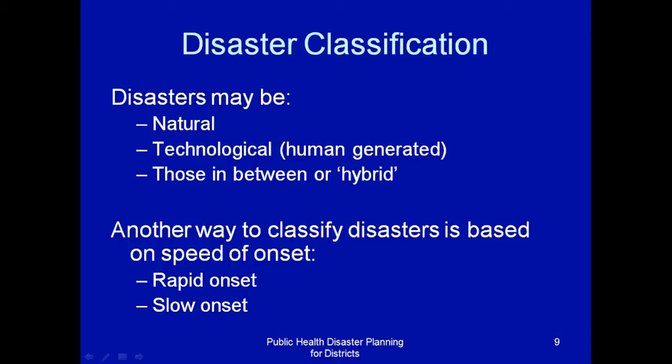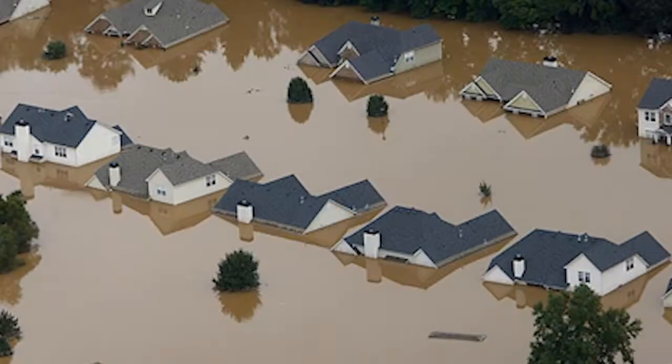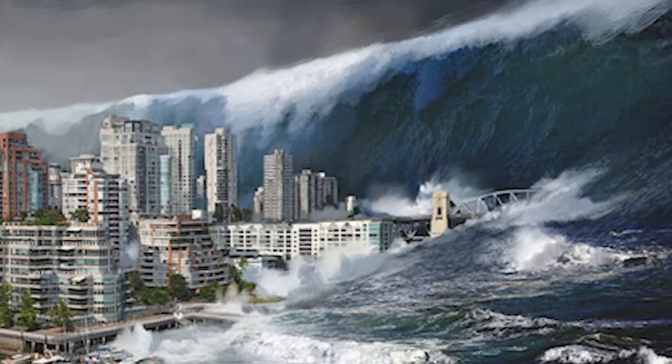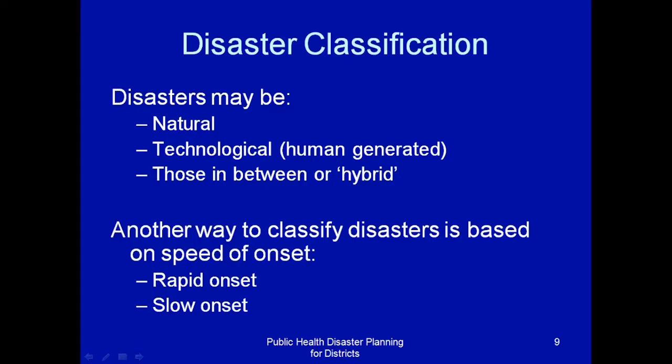Now, let's see the classification of these disasters. Some disasters are natural. Whether you like it or not, they do happen, like floods, earthquakes, tsunamis, etc. Others are technological. These are caused by human beings; they are human generated. I'm quite sure you can give a lot of examples.